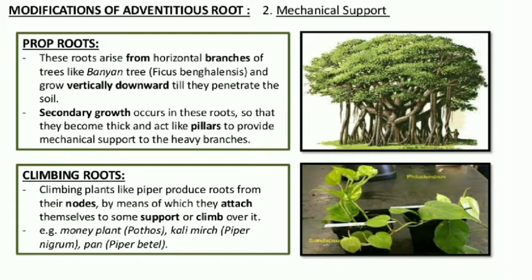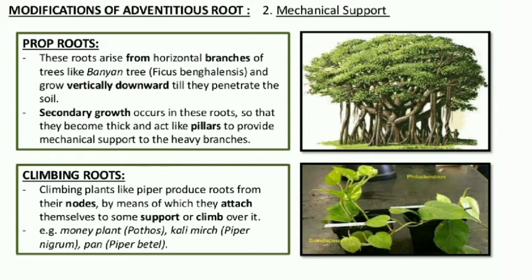Just like the stem and the root, they also undergo secondary growth, so they become thick and act like pillars, like columns for buildings. So they are also called pillar roots, or prop roots, supporting roots. They try to balance the complete weight of the plant.